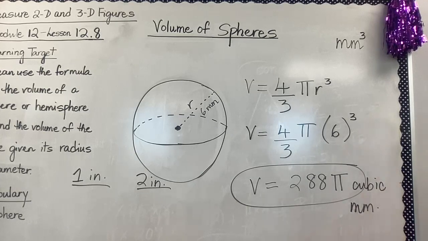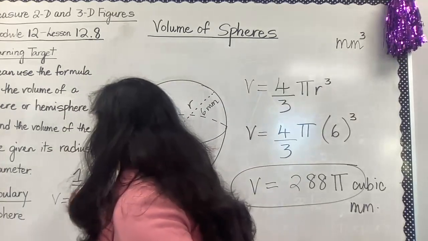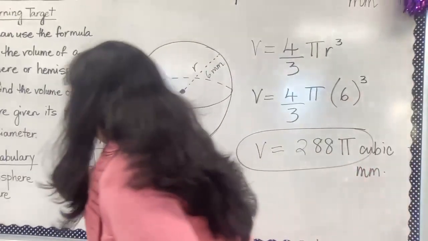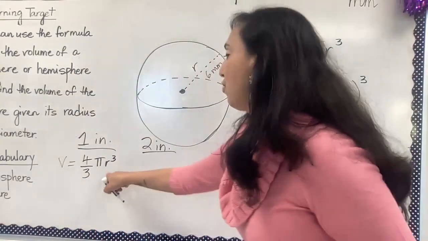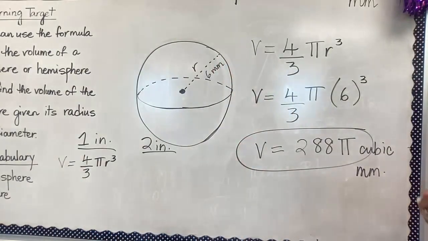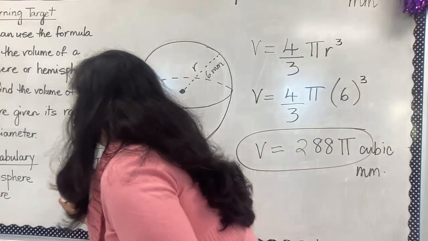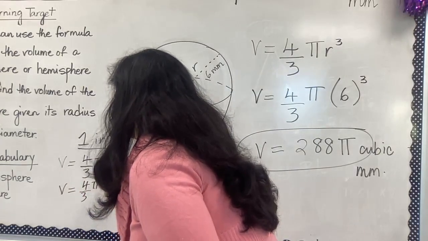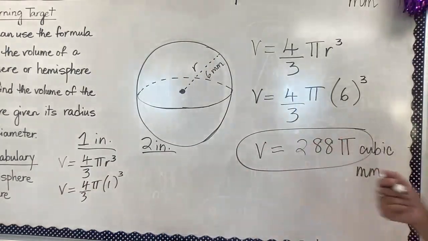We know that volume is what? It is 4/3 pi r cubed, right? Volume is 4/3 pi r cubed, and the radius in the first one is 1. So volume is 4/3 pi times 1 cubed, and 1 times 1 times 1 is 1.